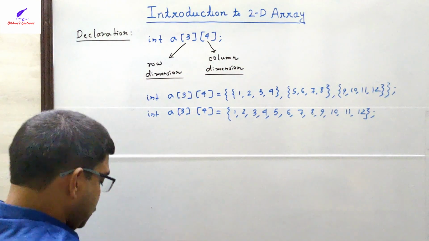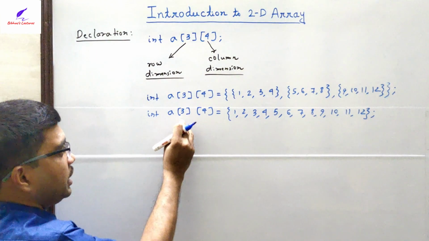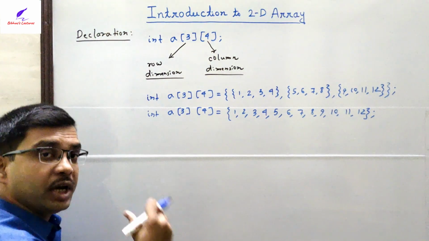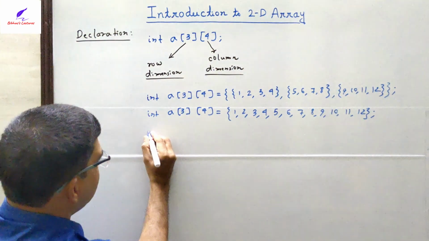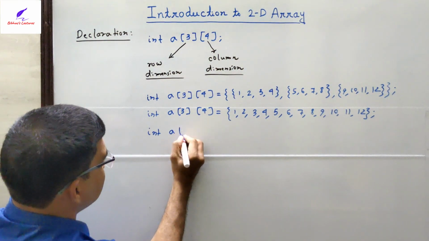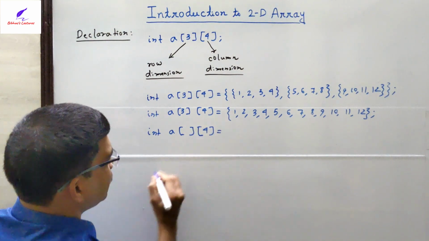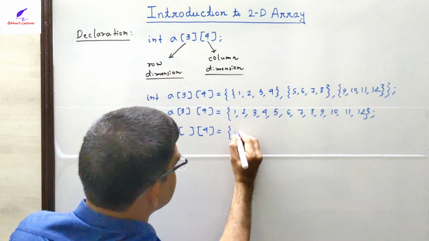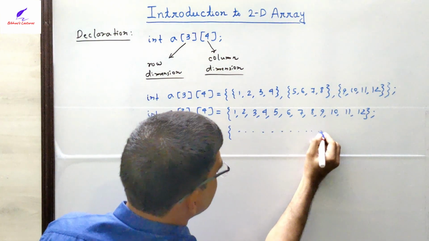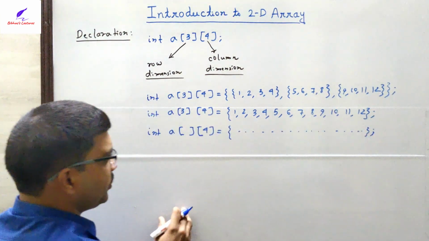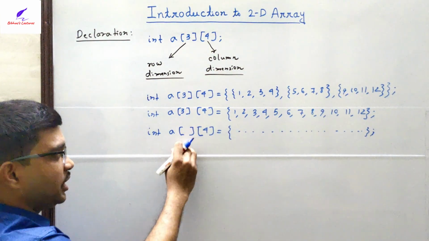Now whenever we are dealing with a 2D array, mentioning the column dimension is mandatory, but mentioning the row dimension is optional. What I want to mean is that this declaration is also valid. If we write all the same 12 elements here, like what we have done before, this declaration is also valid.